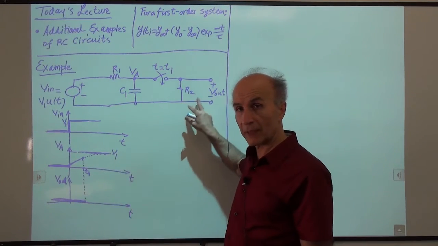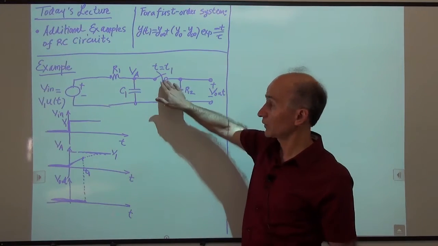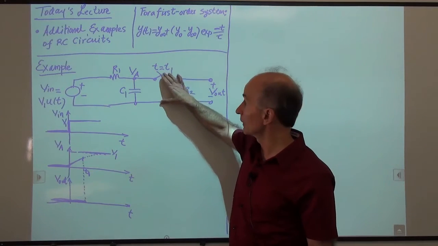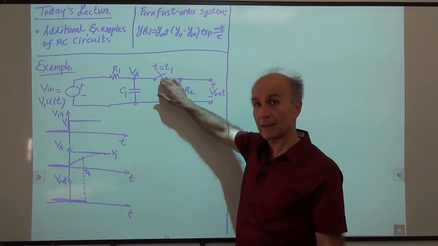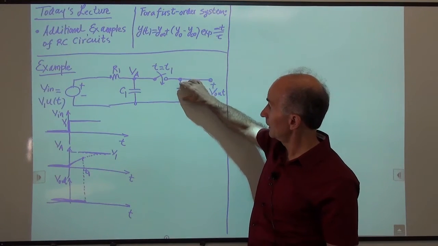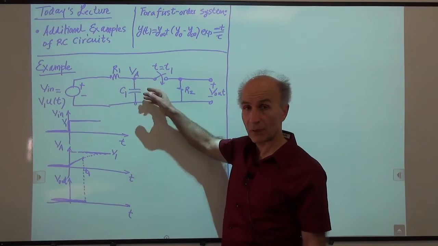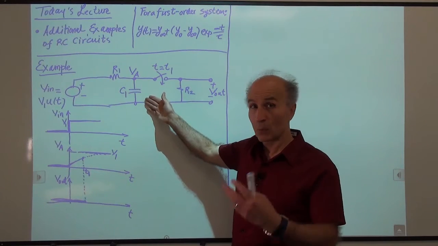Okay, what can I say about V out? V out was 0 up to t1, and suddenly the switch turns on, and V out becomes equal to the voltage across the capacitor, because this is a short circuit, right? So we're sitting here, first we see 0, then the switch turns on, and now we are connected across the capacitor. So whatever the capacitor has, we see. And whatever the capacitor has, it wants to keep.